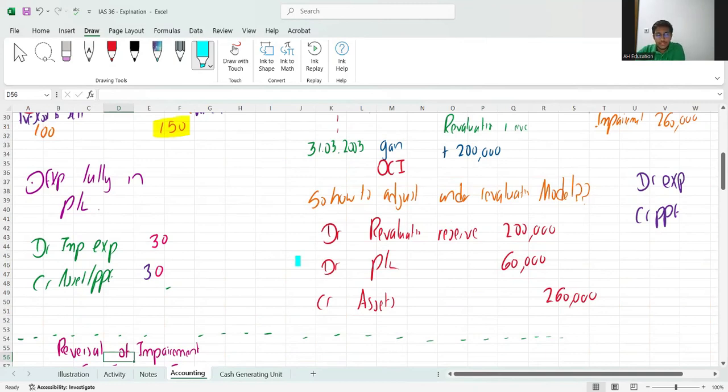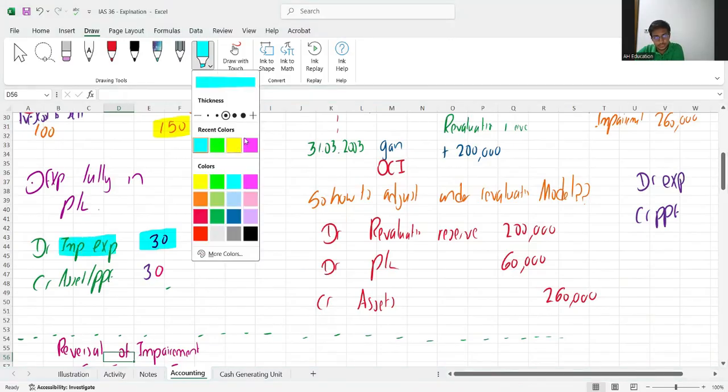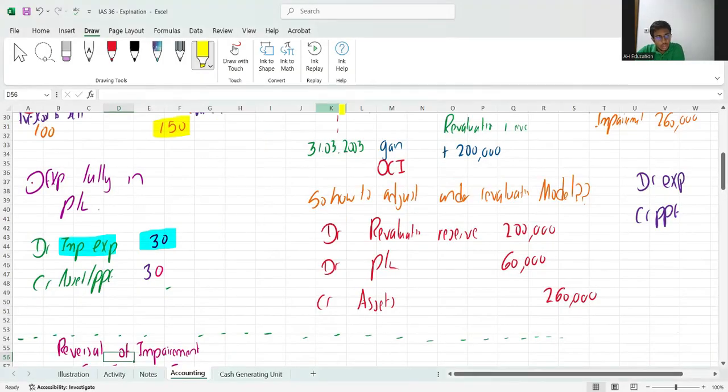So in terms of 30, the double entry of impairment would be: you need to debit your impairment expense, because it's an expense of 30. And also, you need to credit your property, plant, and equipment, or the asset, by 30. The reason I'm telling you to credit your property, plant, and equipment is that our accountants have overstated it, so we need to bring it back to its actual market value.